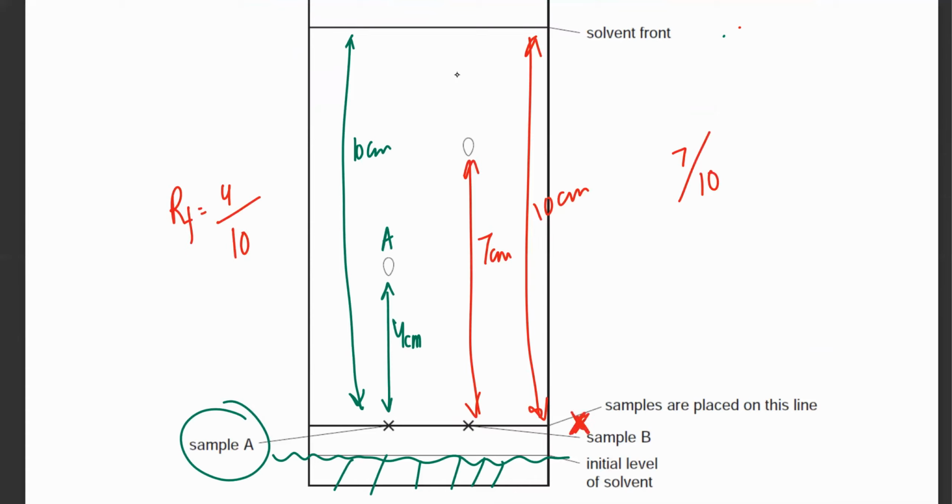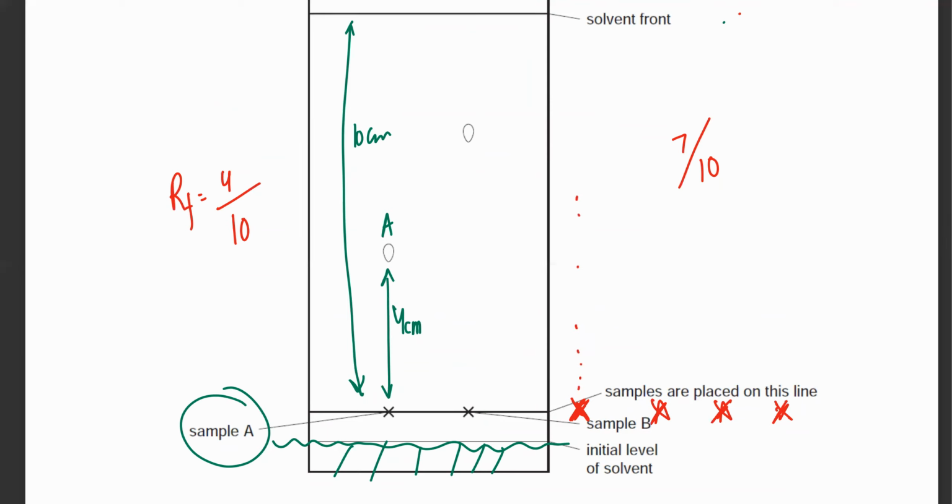So the other method is, forget RF values, do a comparison. Take a known sample. For example, this first one was glutamic acid, and if it also traveled exactly the same distance as this one, that pretty much means that this known sample is this one.